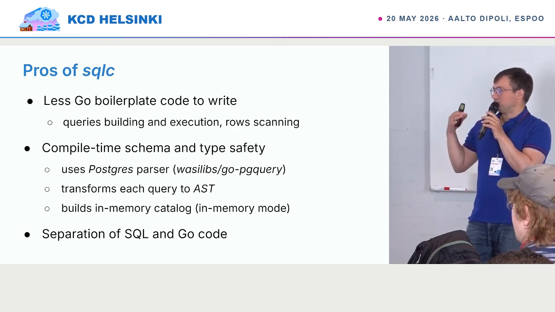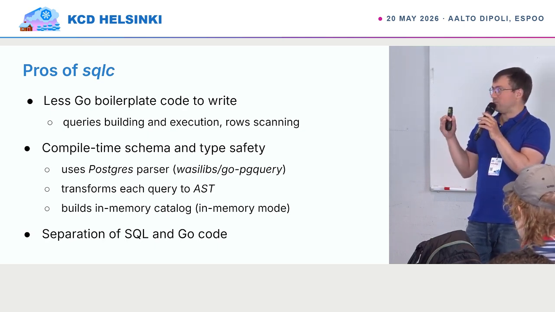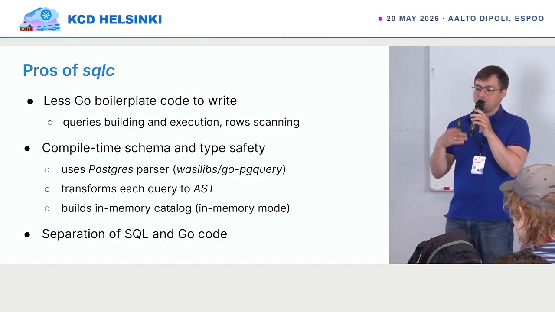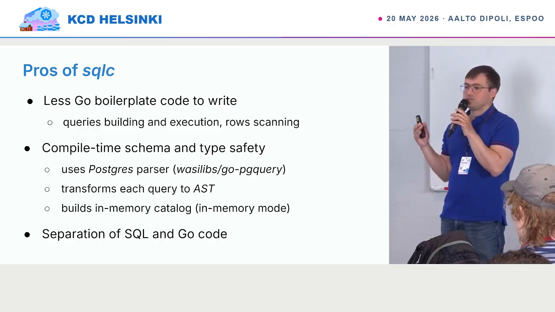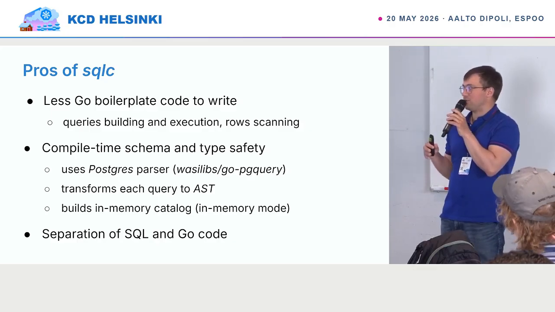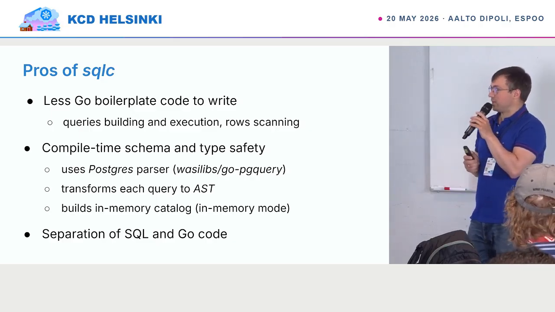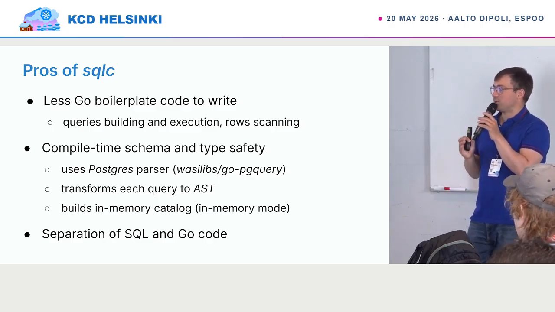If you use in-memory mode of sqlc, it builds an in-memory catalog, and the catalog is what tables we have in the database, what columns we have, what are the types of the columns, and so on. Another great aspect of sqlc is separation of SQL and the Go code.